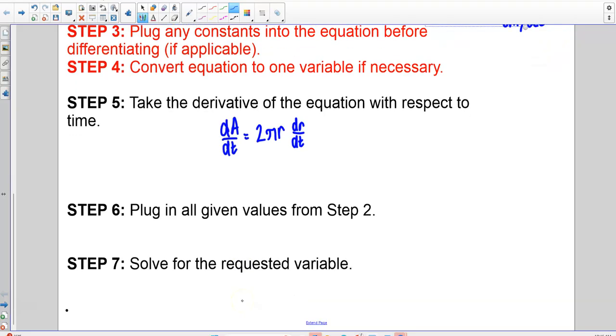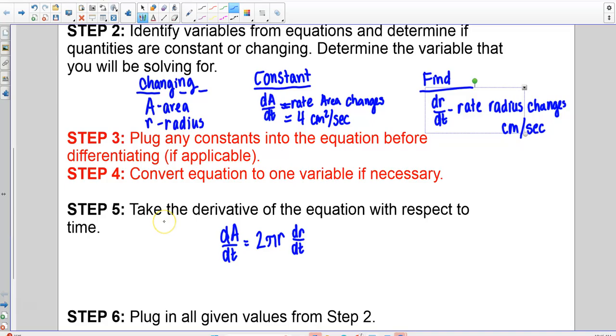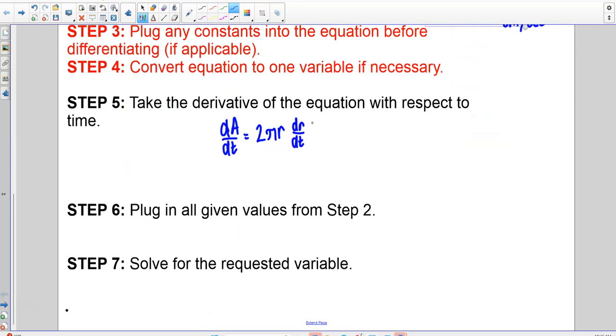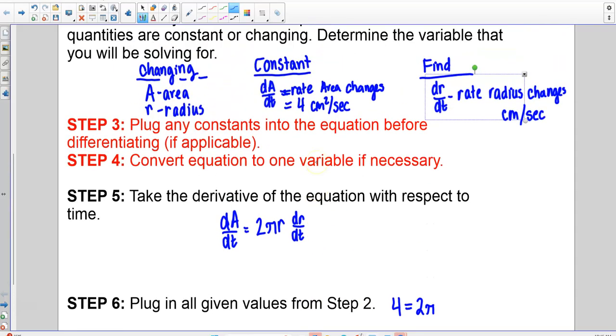So then we are going to plug in all given values from step 2. I know dA/dt is 4 square centimeters per second, so I'm going to plug in 4 for my dA/dt. And then I've got 2 pi, and r is not a constant value that we're given, but they do ask us in the question.